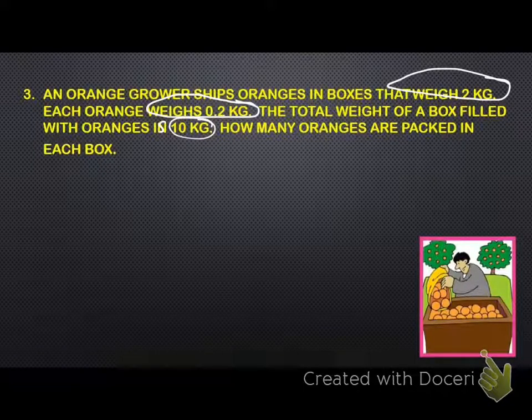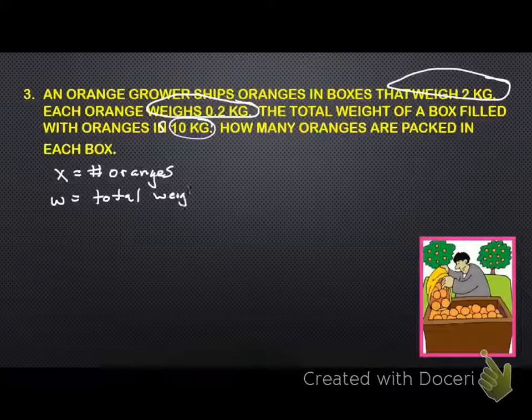So here's what we have. Let's use X for the number of oranges. And then I'm going to come in with a W. W is the total weight.